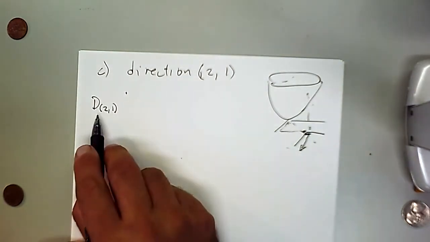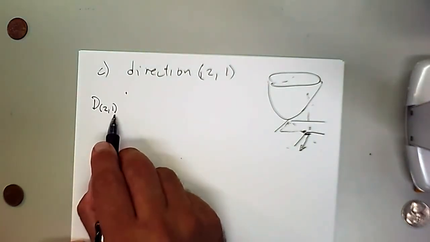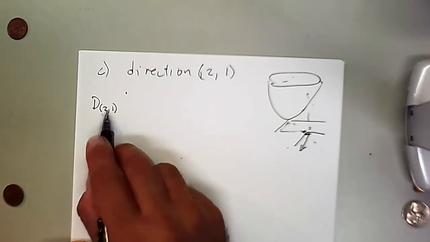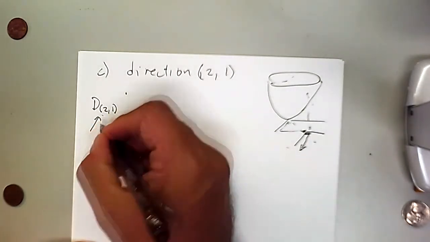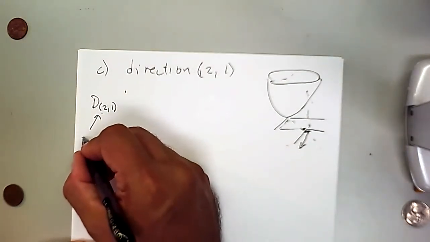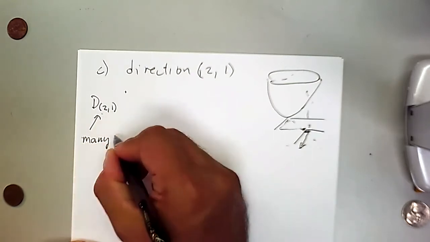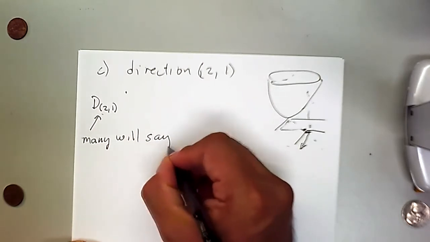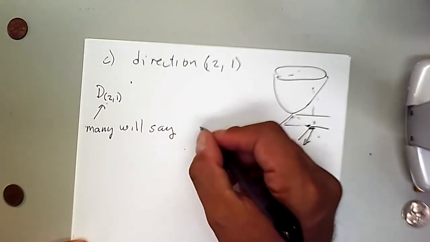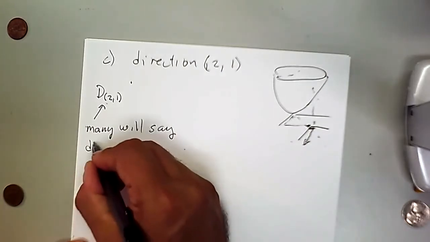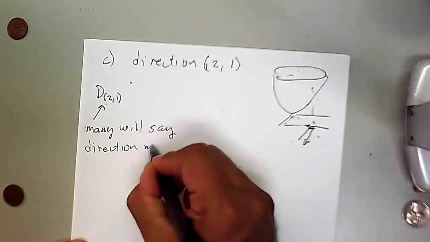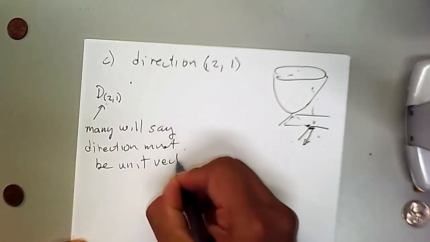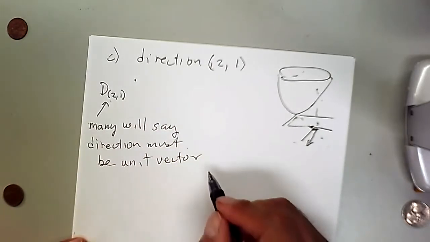Now, a lot of books are going to disagree with me, and that is fine. A lot of books are going to say, and they're right, that the direction must be a unit vector, and that is not a unit vector.